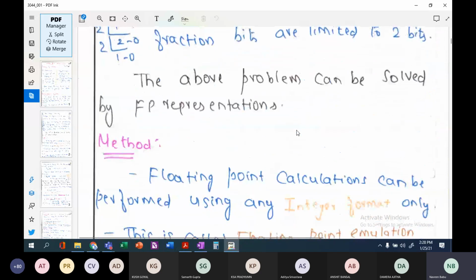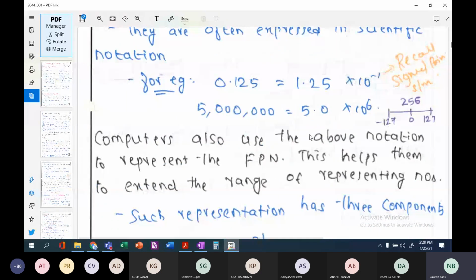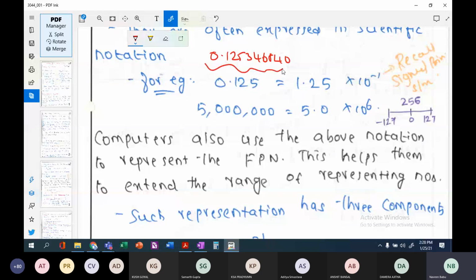For example, instead of writing decimal numbers infinitely, say 0.12535468840, computers or calculators always represent them in terms of floating point representation.